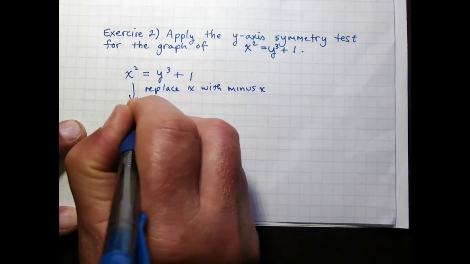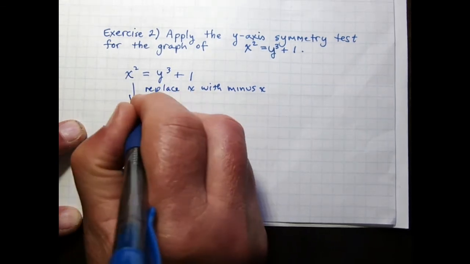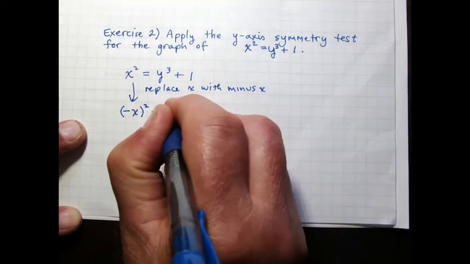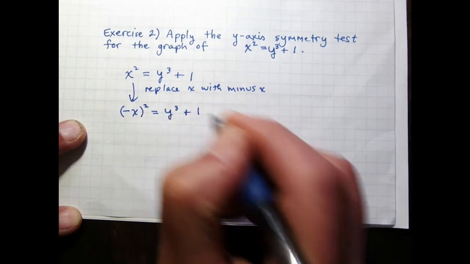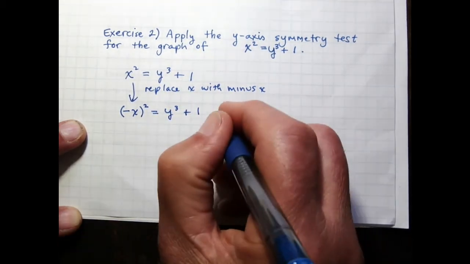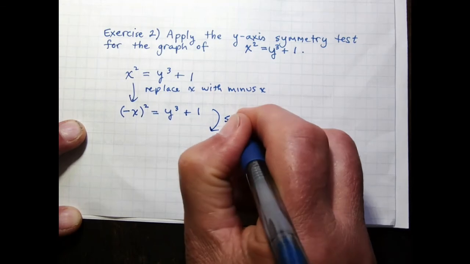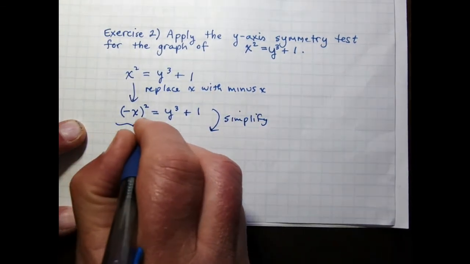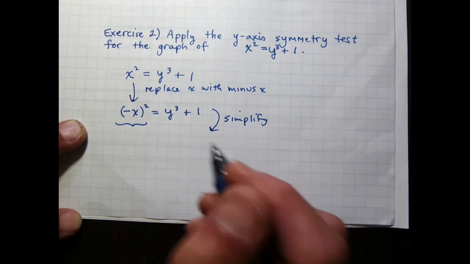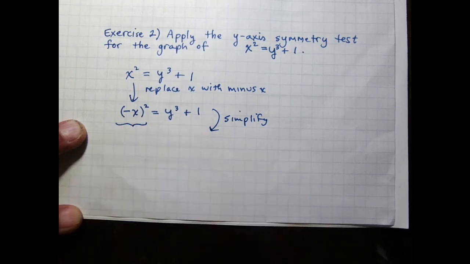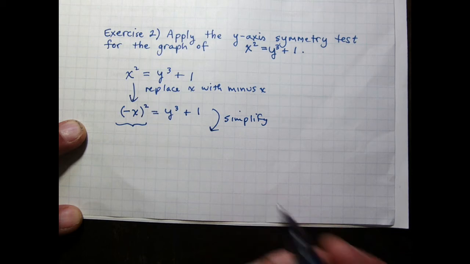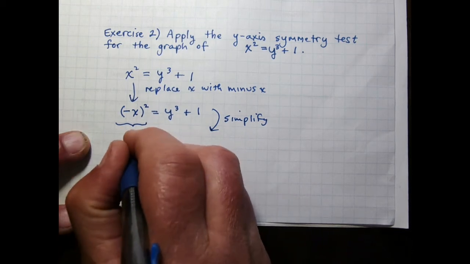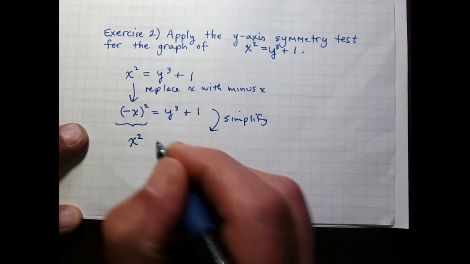So we get minus x. Now we have to write minus x in parentheses squared, because that whole quantity will get squared. And then what we do is we simplify. I think you know that when you have a negative quantity squared, it's the same as, in this case, just x squared. Negative times negative is positive.